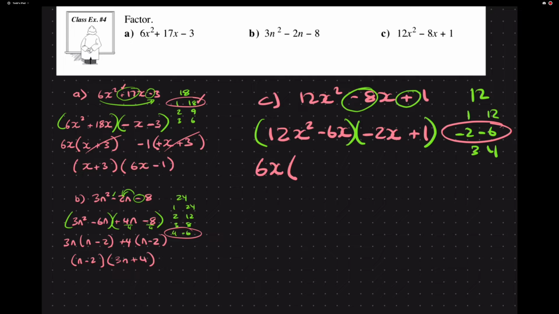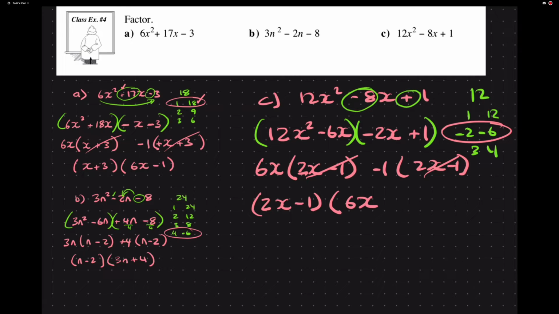And I'm going to be left with 2x minus 1, which means I should end up with a 2x minus 1 again. Notice again that I've got the opposite signs in there, so what I pulled out was a -1, which will invert the signs inside that bracket. And I've got a common 2x minus 1, and I have a 6x minus 1. And we are done.